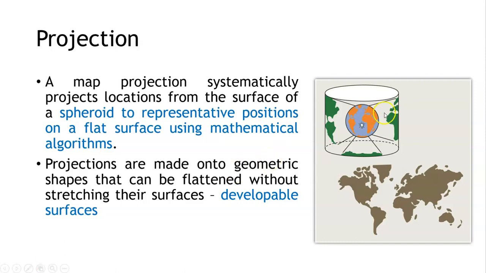Just to illustrate the process, imagine that we place a light bulb in the center of a translucent globe. On the globe are outlines of the continents and the lines of longitude and latitude that are called a graticule.